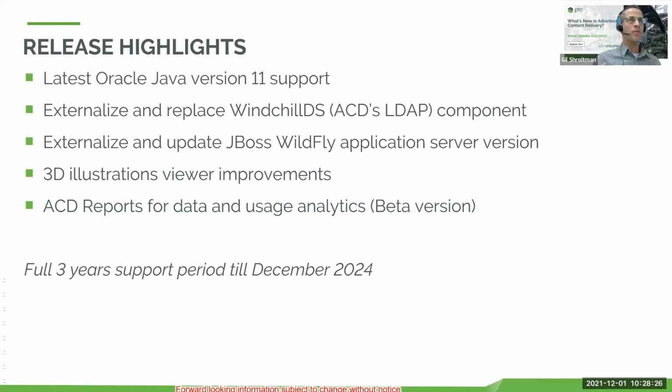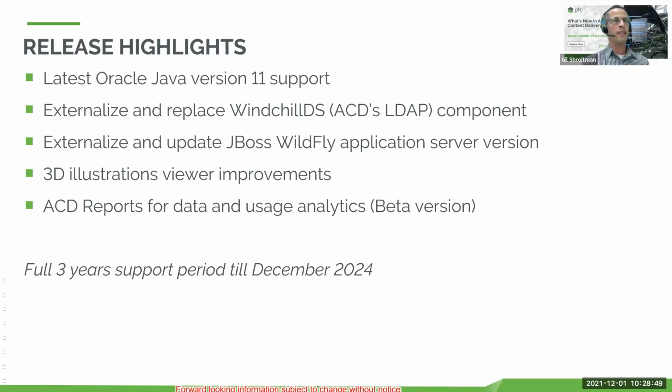The main highlights that it will include, on top of the 715 highlights that I just mentioned, are, first, we are updating the Oracle Java version to version 11. That's the latest long-term release version that's available in the market.